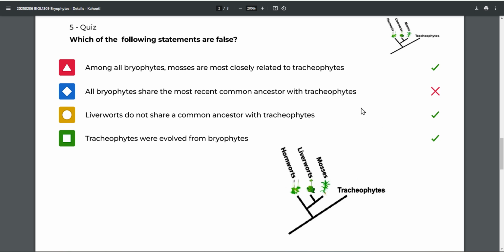Mosses are more closely related to liverworts. All the bryophytes share a common ancestor with tracheophytes, that's the correct one. Tracheophytes evolved from bryophytes. No, it is not. They share a common ancestor, but bryophytes did not evolve into tracheophytes.